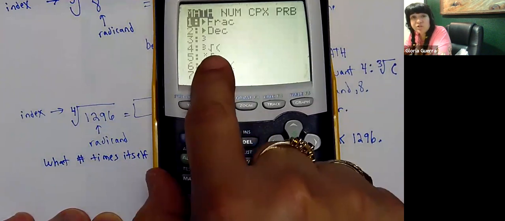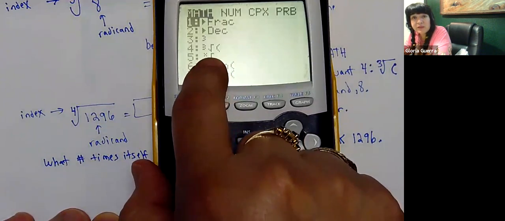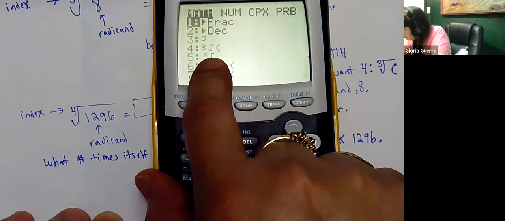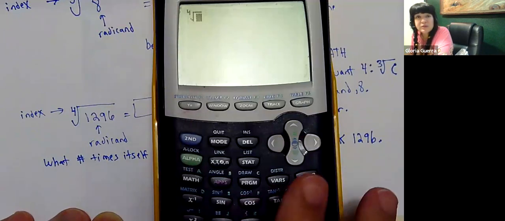Because 5 has a generic X index, and I'm telling it that I want the index to be 4. So if you've got an index that's 4 or greater, then you would go this route. So you identify the index, I press 4, then I press 5 because I want that generic X index, and see how that fixes it.